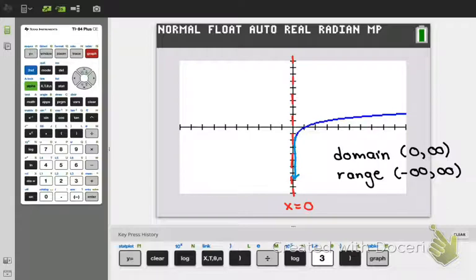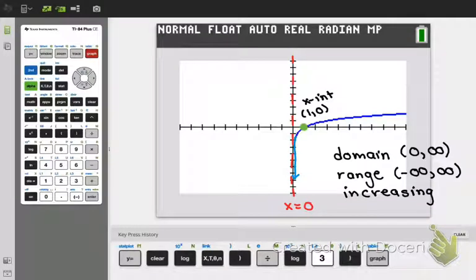Okay. It also asks me to write the equation of the asymptote. We've already put that in there. It's x equals 0. We might want to make note of a couple other things. This graph is increasing. It does not have a y-intercept, but it does have an x-intercept of (1, 0). Okay.